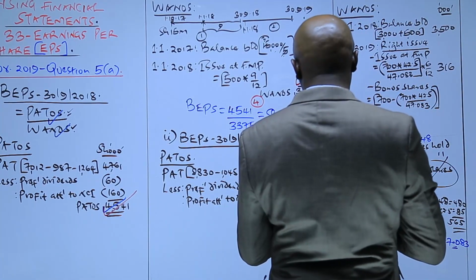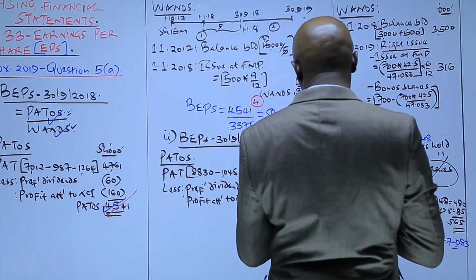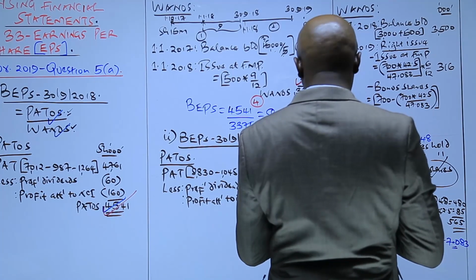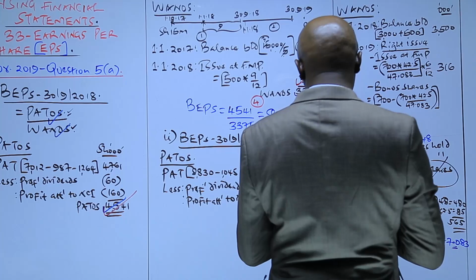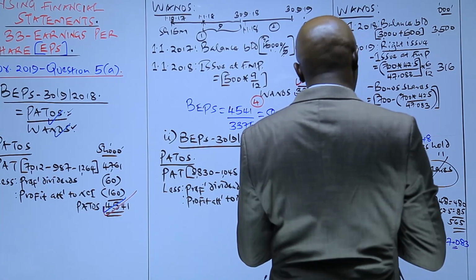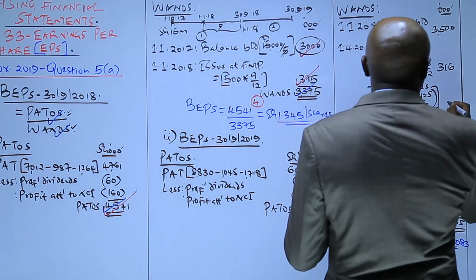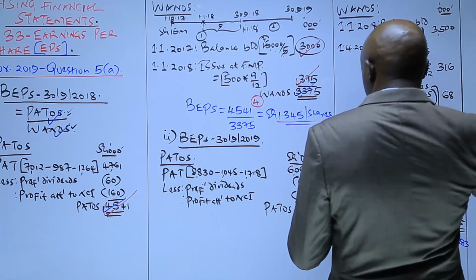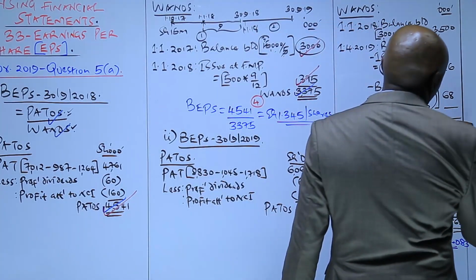So we have 700 times 42.5 divided by 47.083, and then we deduct that from 700, which will give us around 68 to the nearest whole number. Remember, these shares are not weighted on a time basis.